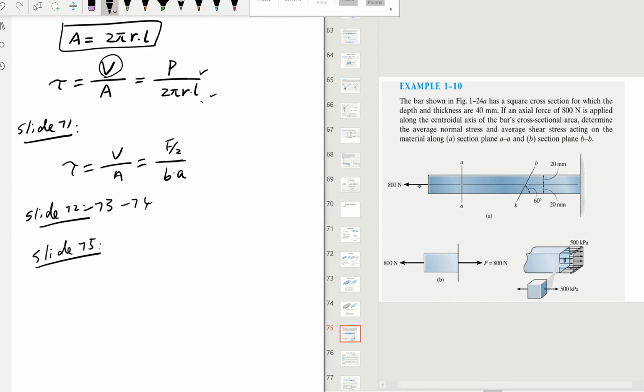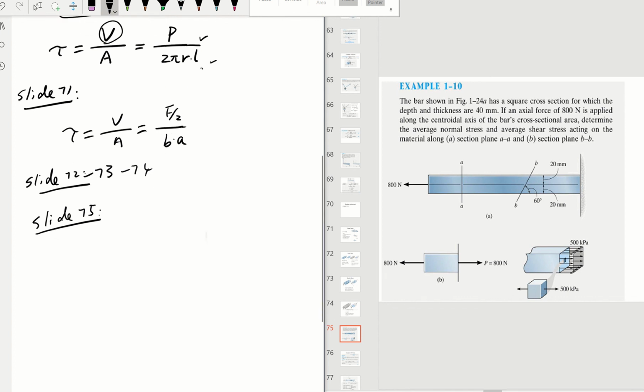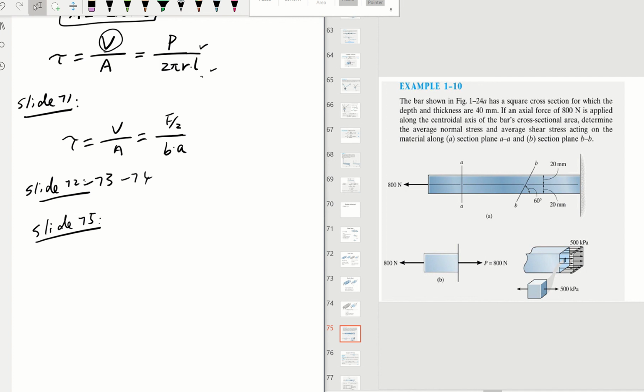The axial force is 800 Newton along the centroid axis. Determine the normal stress and the shear acting on this section AA. Also, they want you to find the normal stress and the shear at the slanted surface, BB. So that's something new, right? Now let's take a look at how we solve a problem like this.